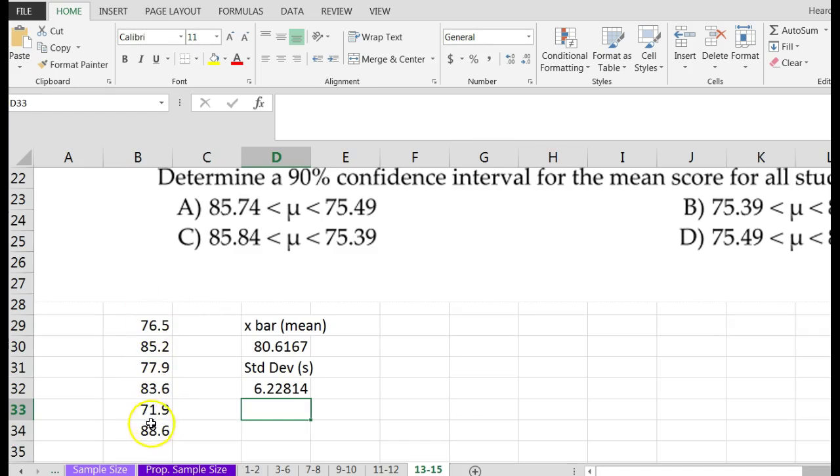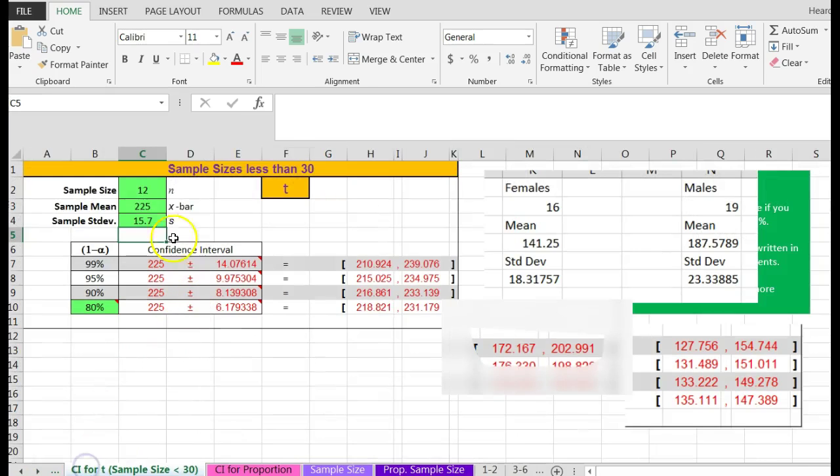So definitely, this is a confidence interval for T, so I'm going to go over for confidence interval for T. My sample size is 6. My sample mean that I calculated was 80.6167. My sample standard deviation was 6.22814. Hit the enter button, and I forgot what confidence they wanted.